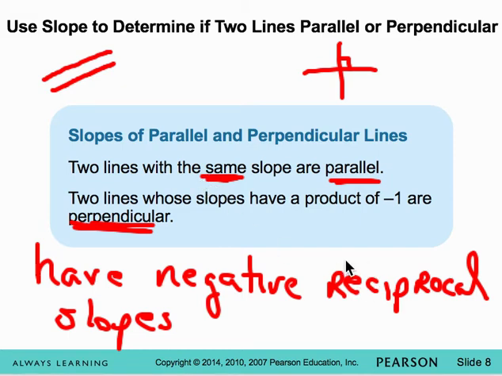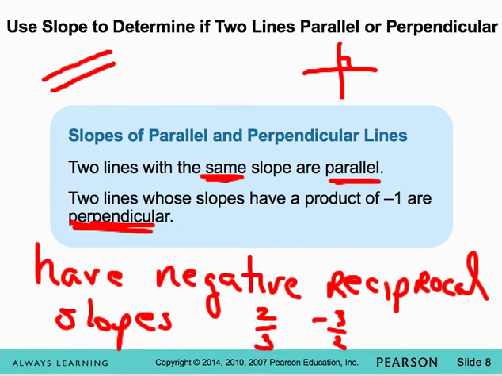So let's refresh our memory on what it means to be a reciprocal. The reciprocal of 2/3 is 3/2. Reciprocal just means flip it upside down. Remember, when you're dividing fractions, you use the reciprocal. You flip. So if you have one line with a slope of 2/3, then if another line has -3/2, they're perpendicular.